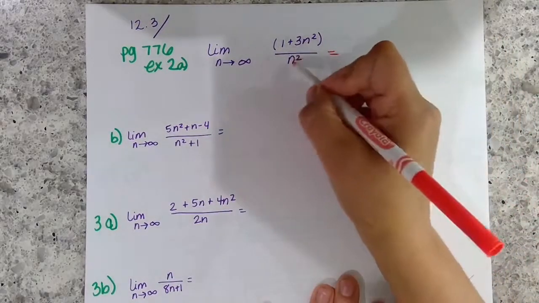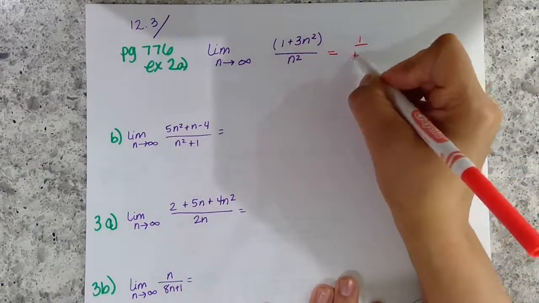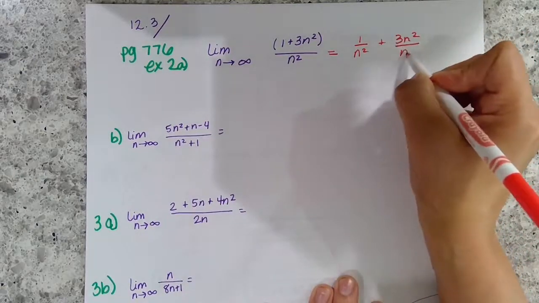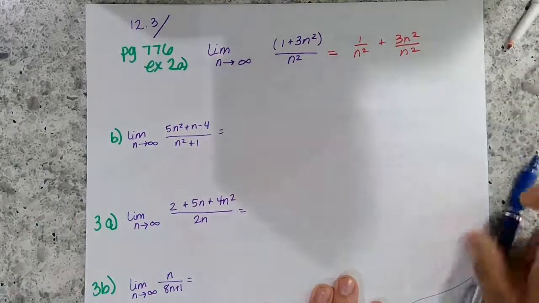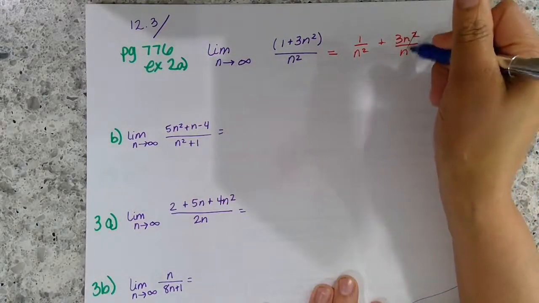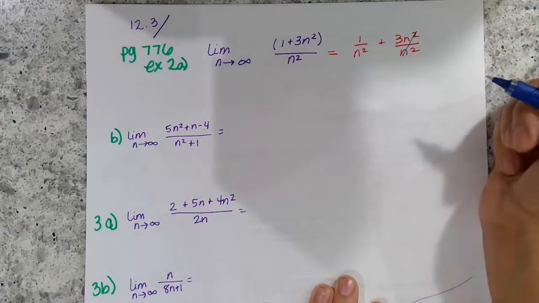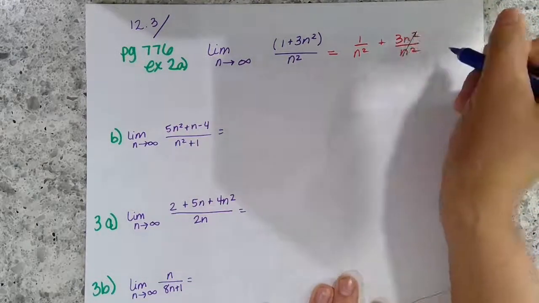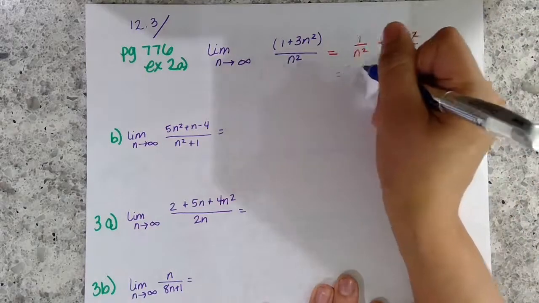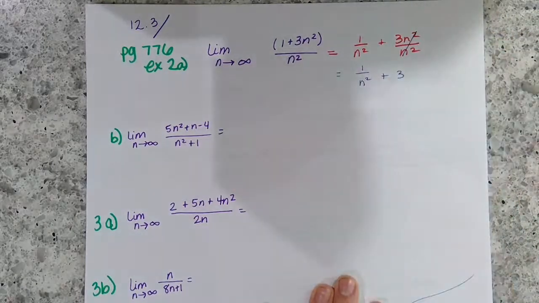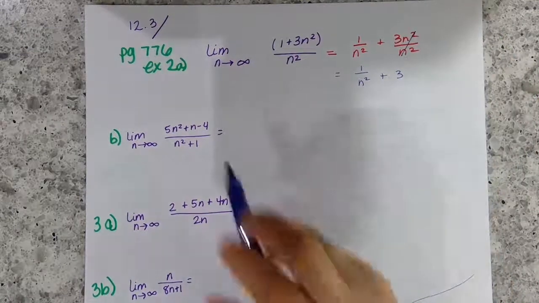I'm going to take this and divide it by each one. 1 over n squared plus... reduce this. Okay. So now let's think about this.